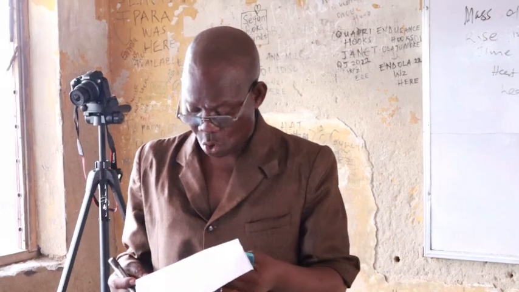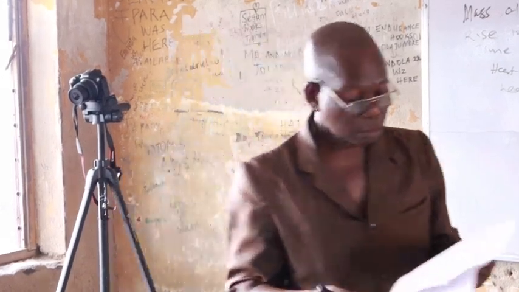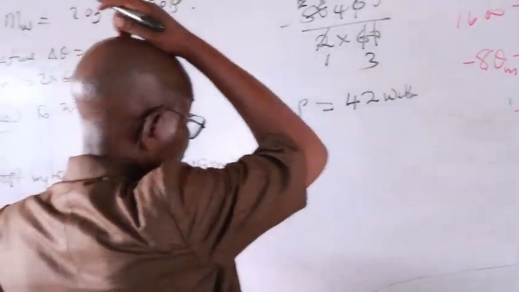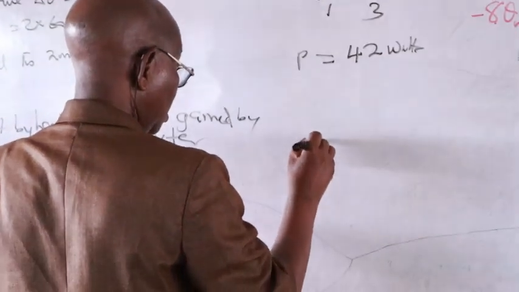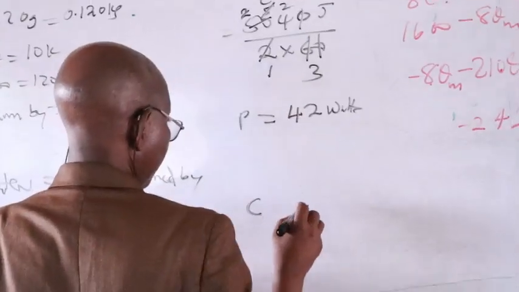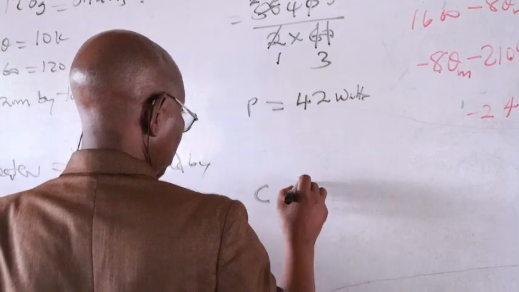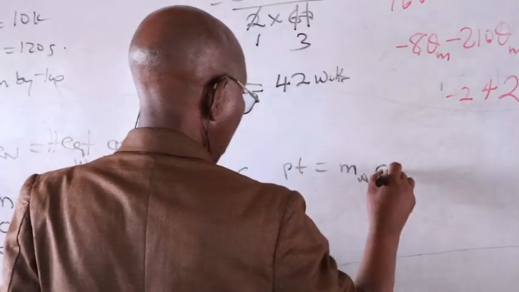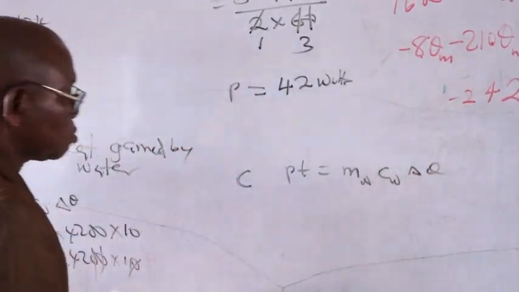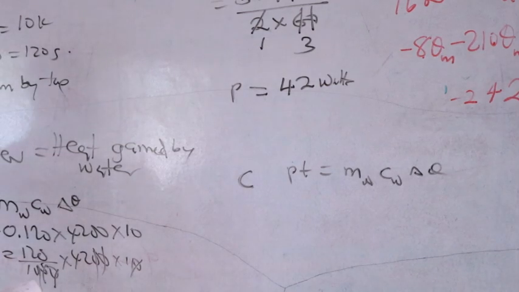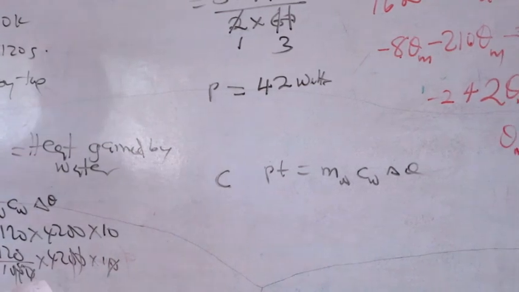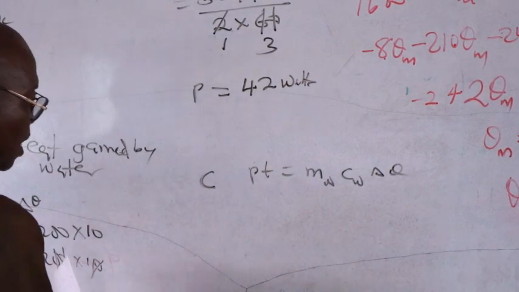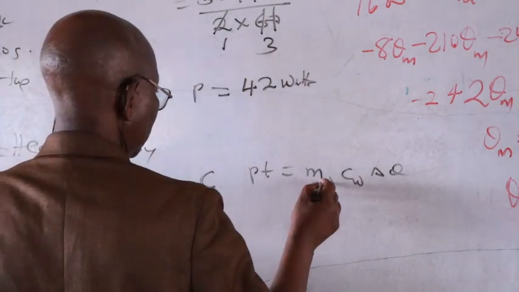Then you should know that if you want to calculate the heat supplied to the metal, it's simple. PT equals mass of water times specific heat capacity of water times change in temperature. And the change in temperature is now 9, to get the quantity of heat supplied. We work that out. This time around, the mass here is 70 grams.